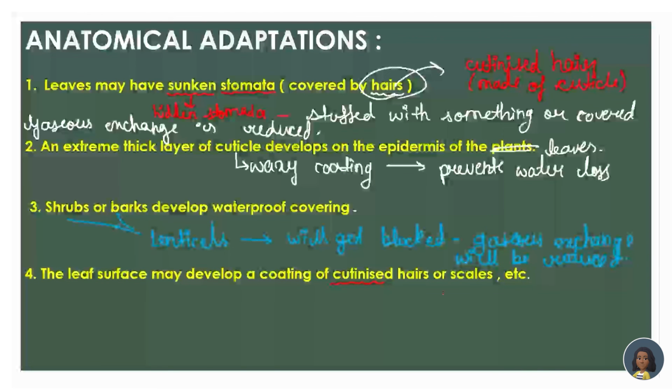So the leaf surface may develop cutinized hairs or scales, which can prevent excess transpiration, because after all they are made up of cuticle only, and cuticle is basically a waxy coating which prevents water loss. Hence, excess transpiration will be prevented.